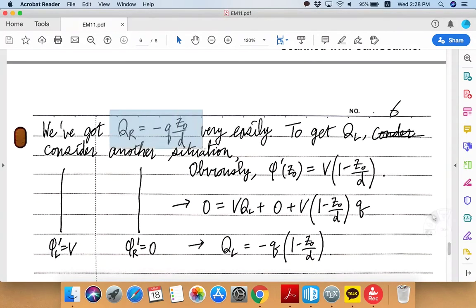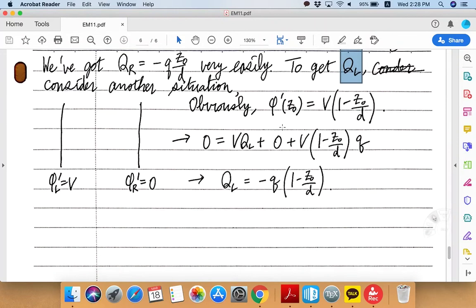Okay, so that's the result. That's the correct result. Now we can get QL by using a similar but slightly different hypothetical configuration, namely where the plate on the left side is set at potential V and the plate on the right is set at potential 0.